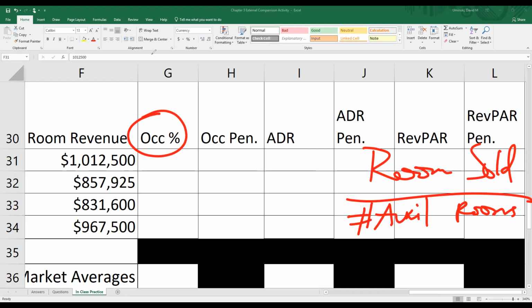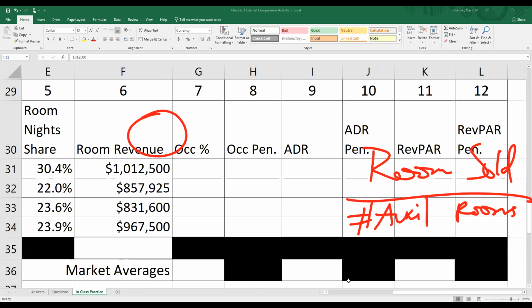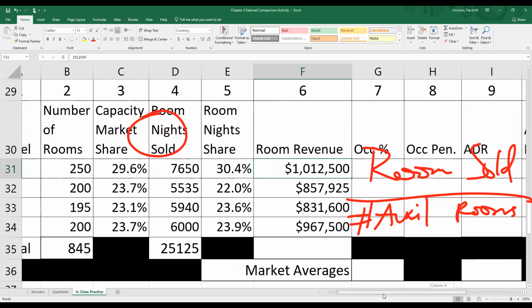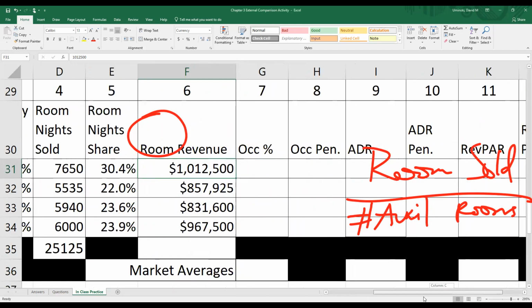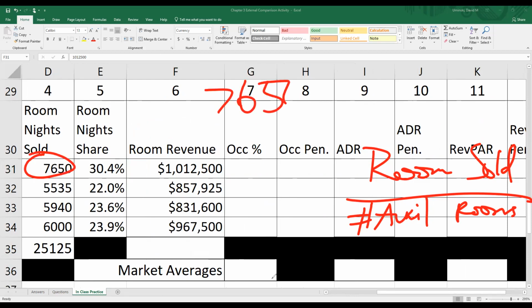So if we take a look at this for Hotel A, how many rooms did we sell? 7,650 rooms is what we sold. How many rooms are available?